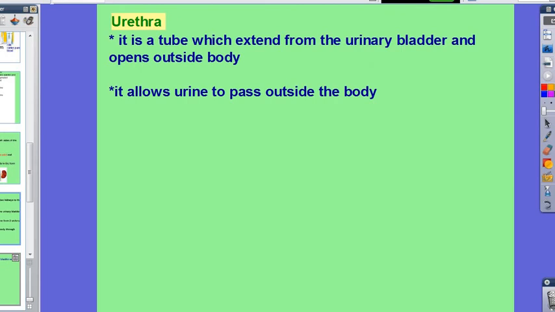At the end we have the urethra, which is a tube that extends from our urinary bladder and opens outside, and we get rid of the urine by it.